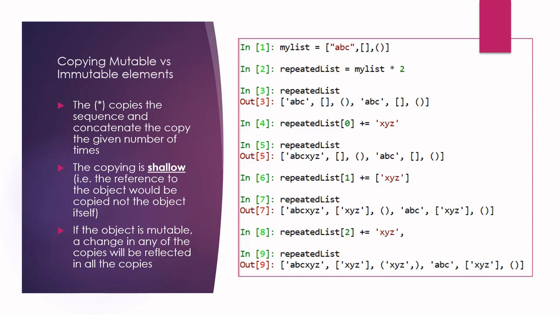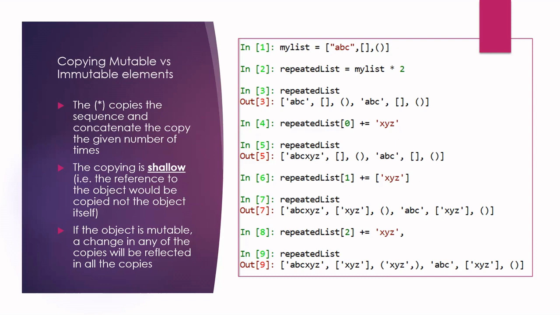String is immutable. This is another list, right? It's an empty list. Is the list mutable or not? The list is mutable. So the list surrounded by square brackets is mutable. Is a tuple mutable or not? No, it's not mutable. A tuple is immutable.